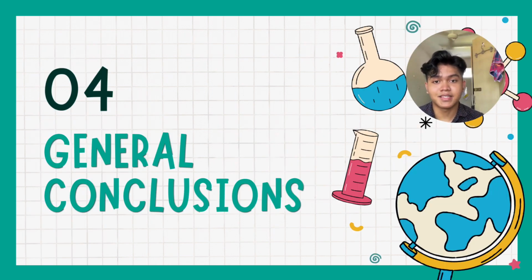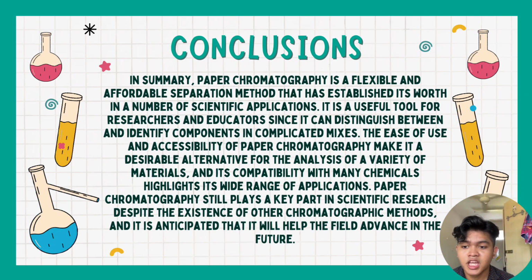Last but not least is the conclusion for paper chromatography. In conclusion, paper chromatography is a highly effective and accessible technique for separating and analyzing different compounds in a mixture through the use of a stationary phase paper and a mobile phase solvent. We observe the migration and separation of components based on their relative solubilities.